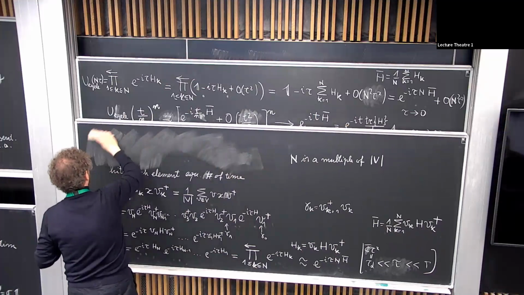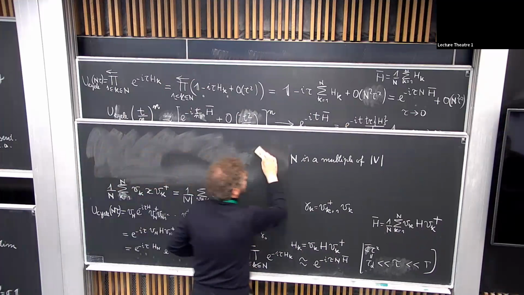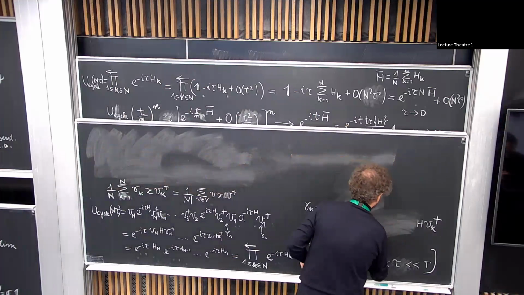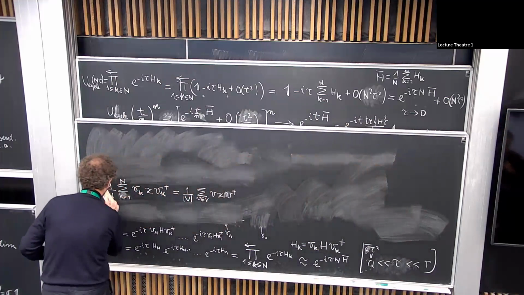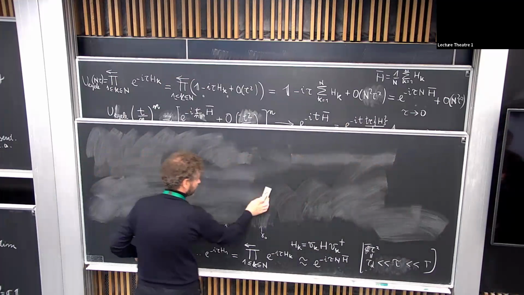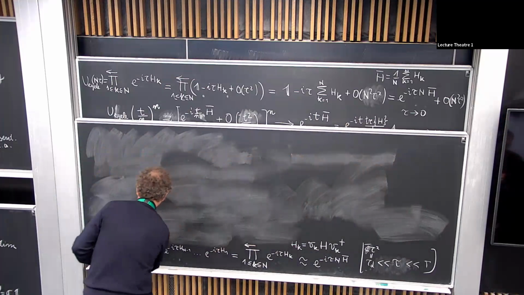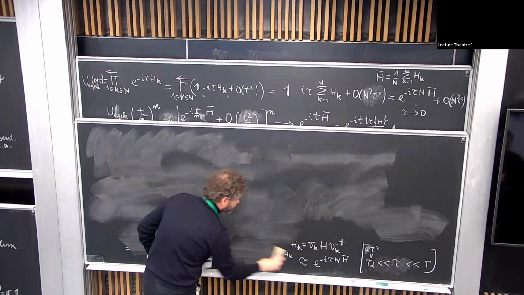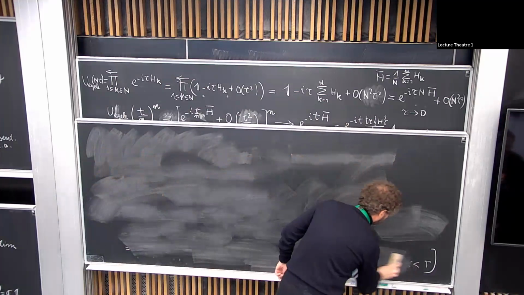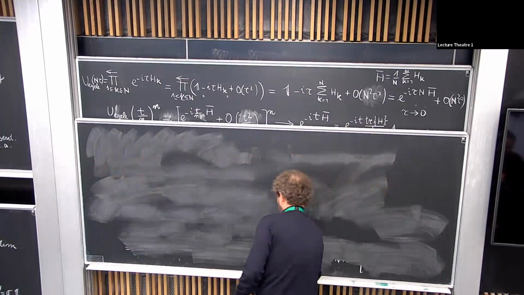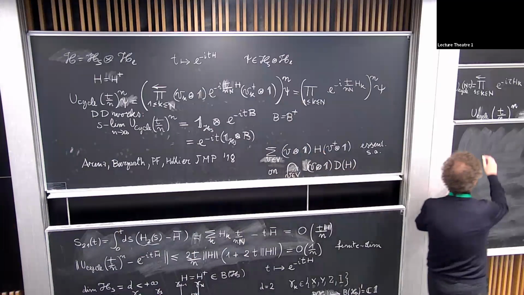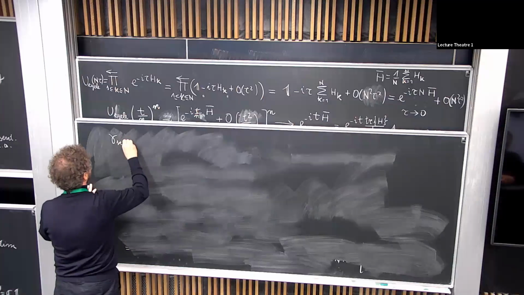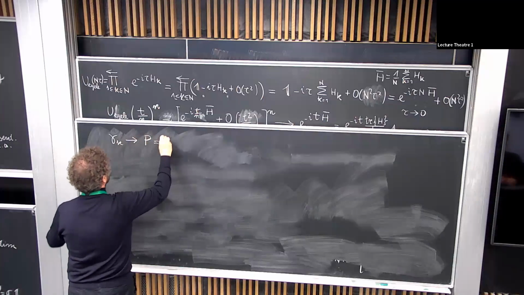Essentially, the idea is motivated by quantum Zeno effect, quantum Zeno dynamics. Suppose I replace my unitary pulses by projections. So I replace my gamma k by a projection operator.